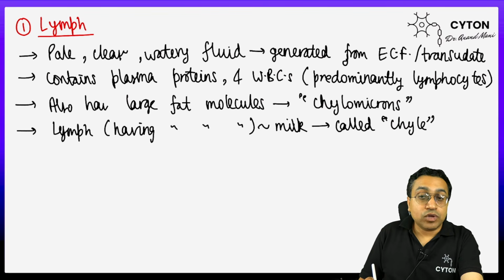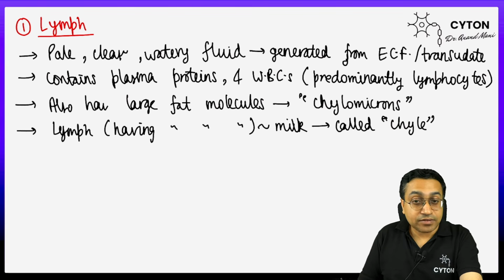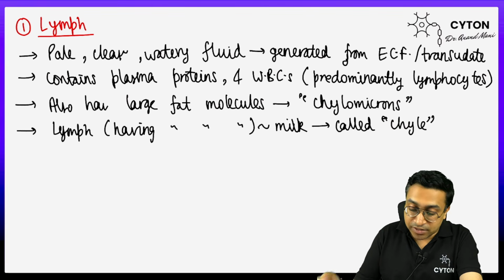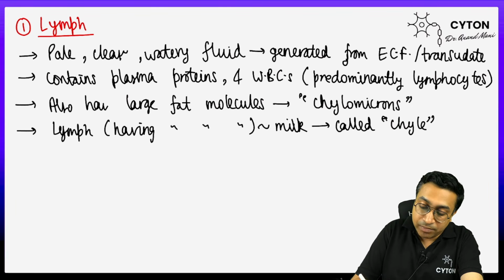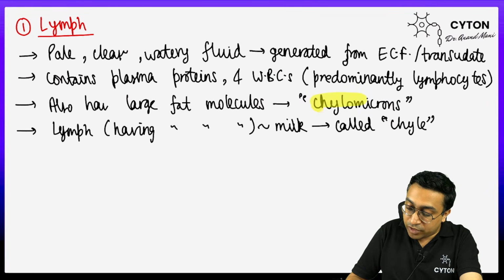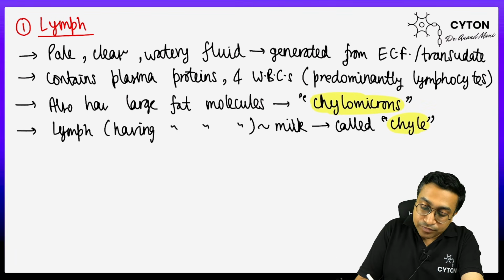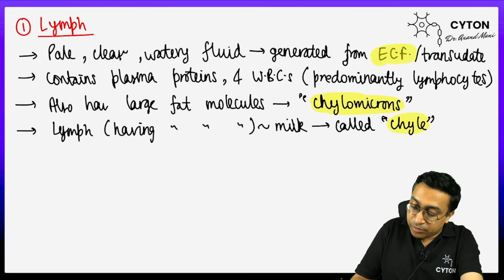Lymph can also contain cancerous cells, viruses, bacteria, foreign materials, dyes. All these things can be a part of lymph. So we have understood chylomicrons and chyle here, and lymph is generated from ECF or transudate.